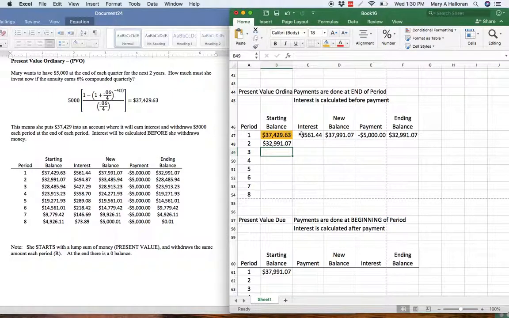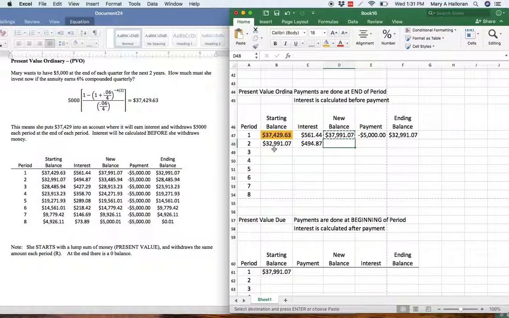It's going to earn some interest. It's going to have 6% divided by 4 times this number. So $494, and it makes sense because look, when I had $37,000 plus, I made $560 in interest. When I had a little less than $32,000, I only made a little less than $500. It makes sense. I'm earning a little bit less interest because I've got a little less money in the account. But it's still getting added to my account.